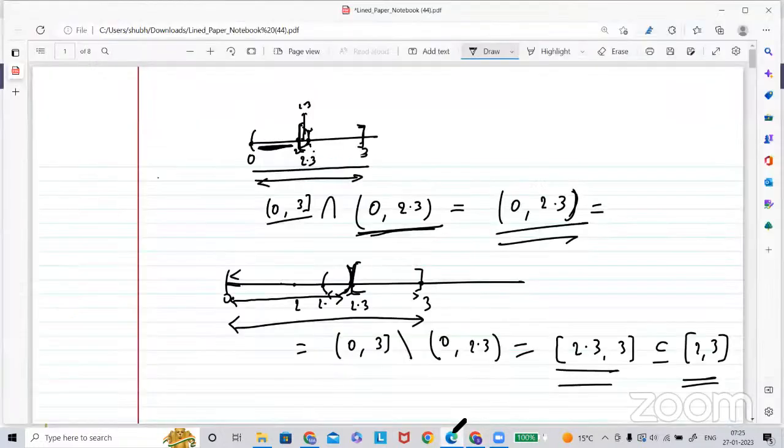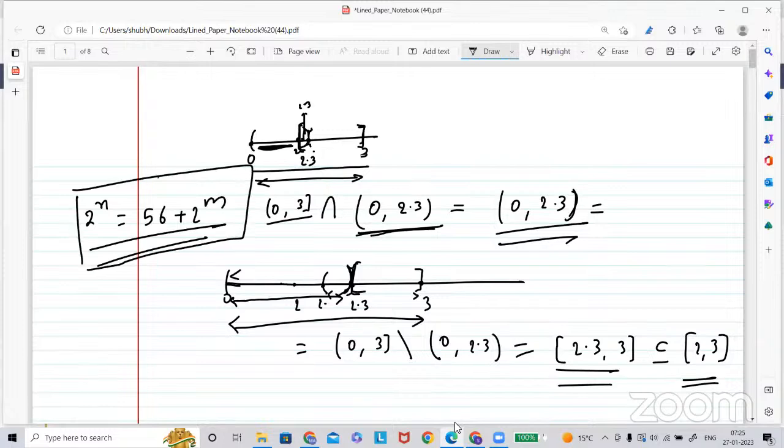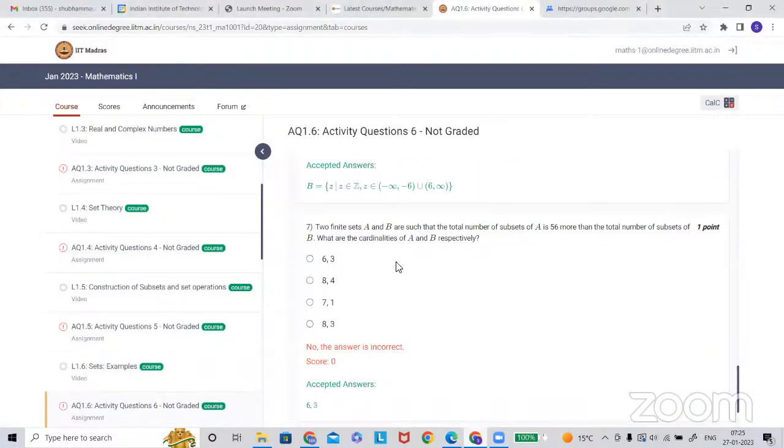After that, I worked in reverse and started inserting values, which is easier. Here n is the number of elements in A and m is the number of elements in B. I substituted values one by one, and it was very visible that n as 6 and m as 3 works. This is the process.